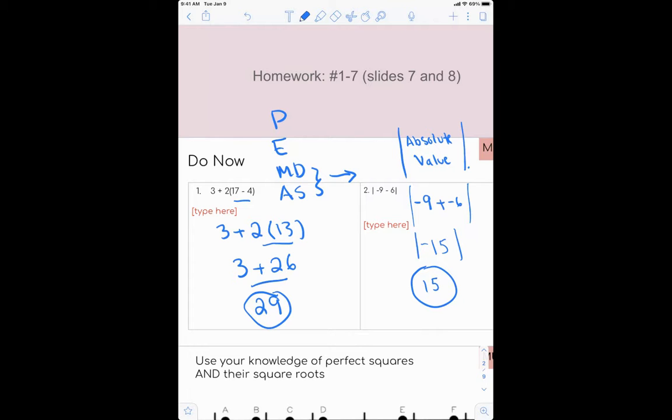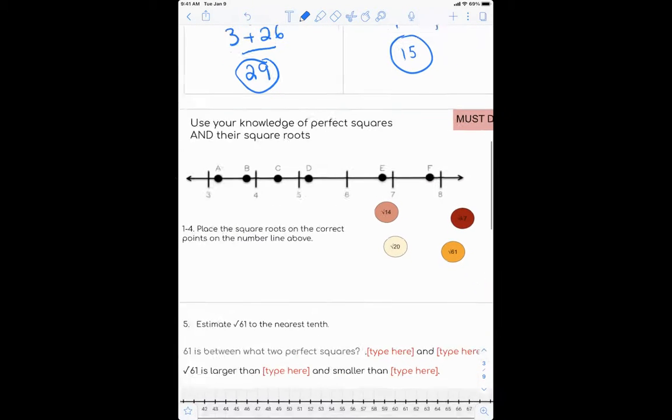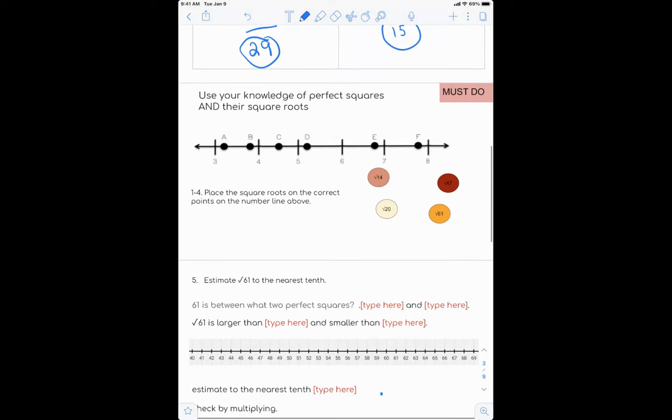So the next thing we're going to do is estimate irrational numbers on a number line using our knowledge of perfect squares. You are given 4 different irrational numbers: the square root of 14, the square root of 20, the square root of 61, and the square root of 47.